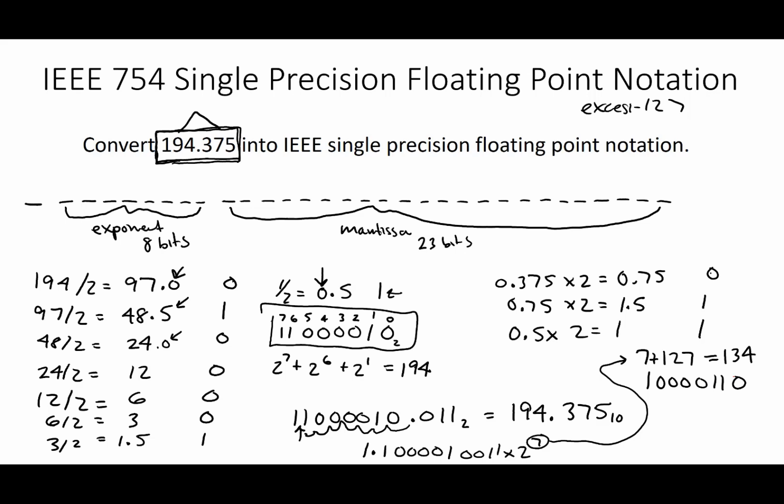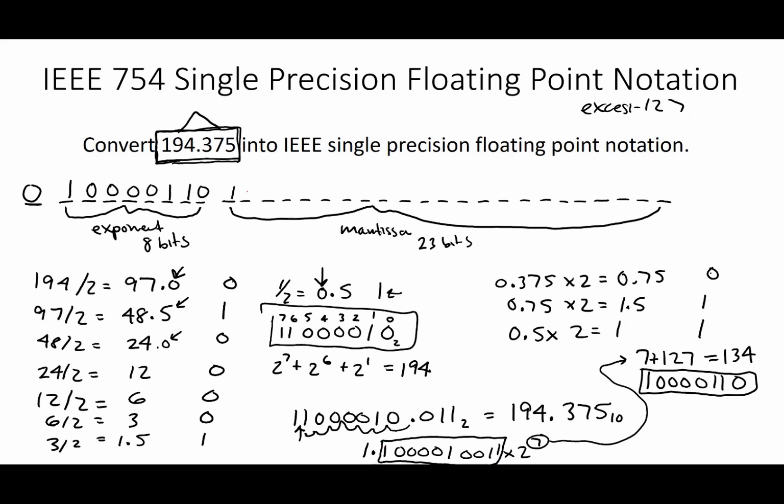Okay, so now we have everything that we need to fill in our floating point notation. The sign bit is 0. And then we fill in our exponent bits, which is this: 1, 0, 0, 0, 0, 1, 1, 0. And then we fill in our mantissa, which we're assuming the first digit is 1, so we're only going to put this part of our mantissa in.